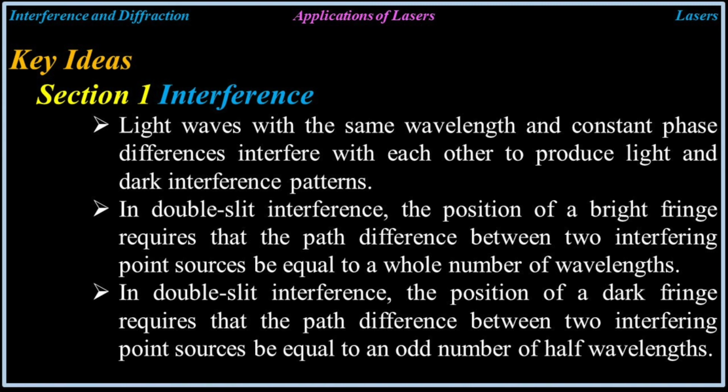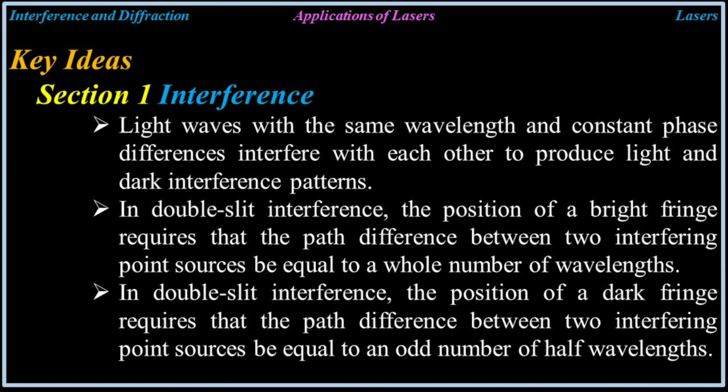Section 1, Interference. Three key ideas. Light waves with the same wavelength and constant phase differences interfere with each other to produce light and dark interference patterns. In double slit interference, the position of a light fringe requires that the path difference between two interfering point sources be equal to a whole number of wavelengths.